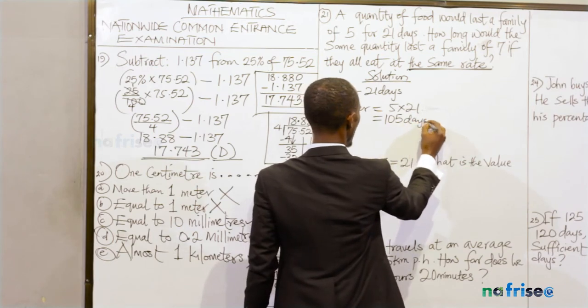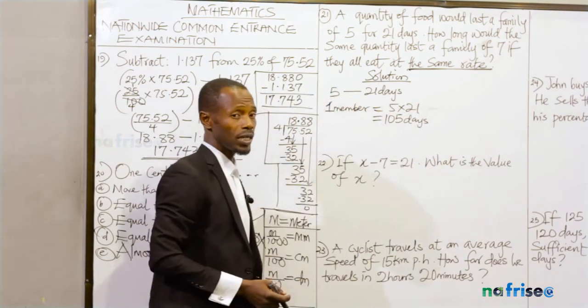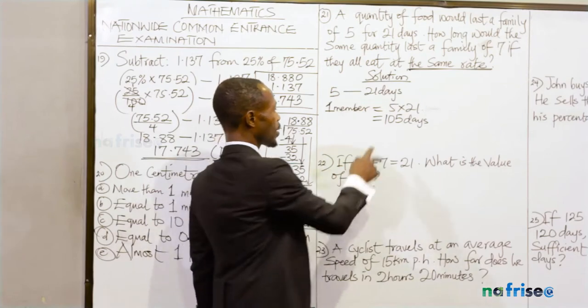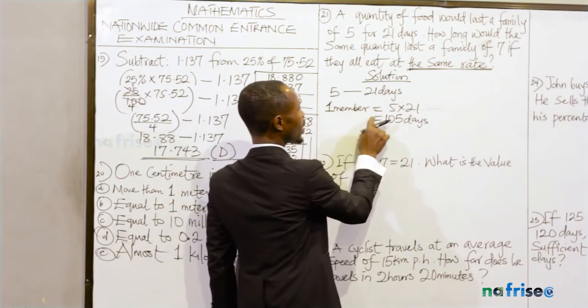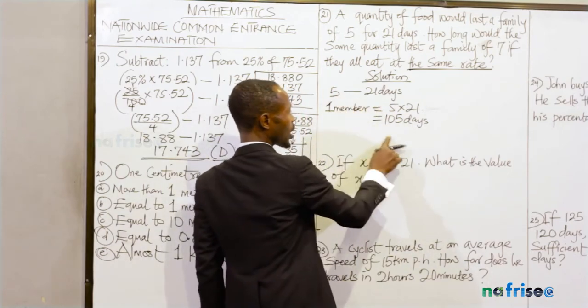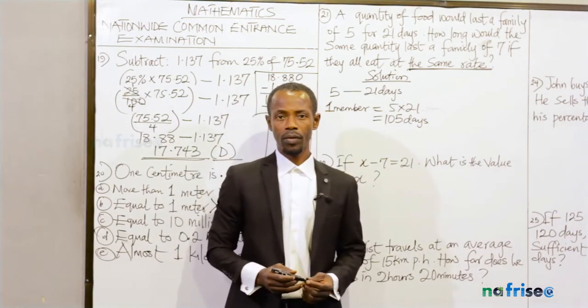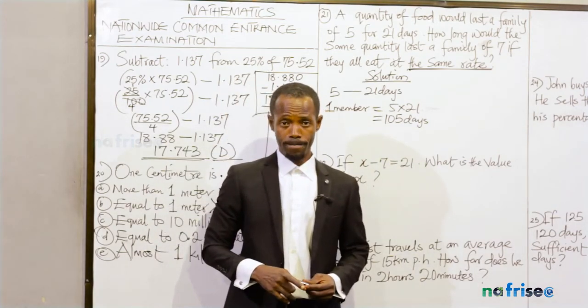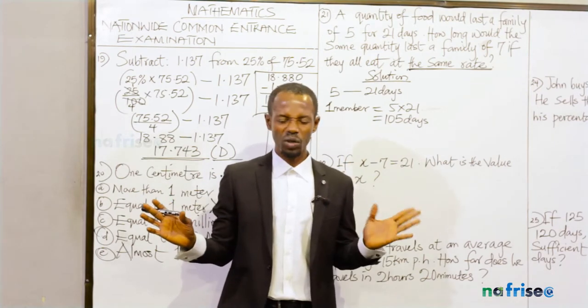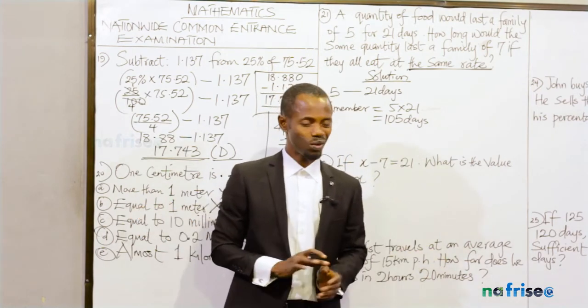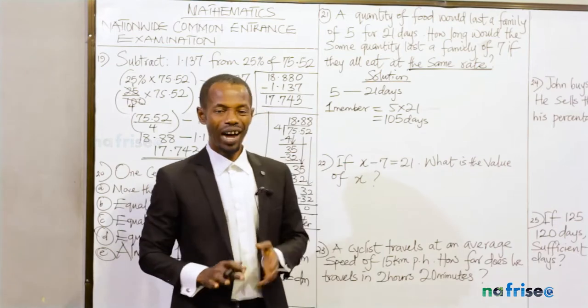The food that 5 people will eat in 21 days, one member of that family will eat in 105 days. That's just the proportion there. Are you there? Don't put that idea that, oh, I know a friend that can eat 10 persons. Don't do that. They are all the same.